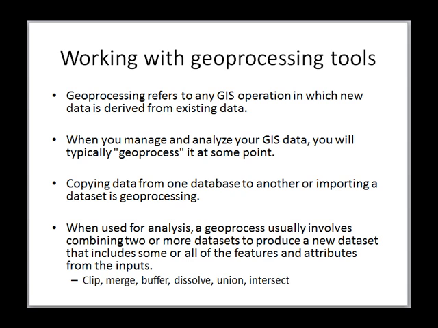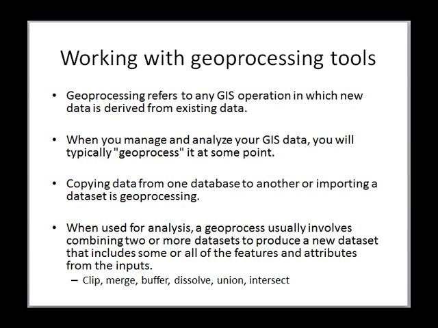I would need to merge those into one layer, and then I would need to clip it to the Great Smoky Mountain National Park boundary. So that's two geoprocessing operations. I want to make a map of Great Smoky Mountain National Park, but it's in two states. So I get roads layers from two different states, I merge them together, then I clip them to that area. So that's processing my geographic information to get it ready to work with.